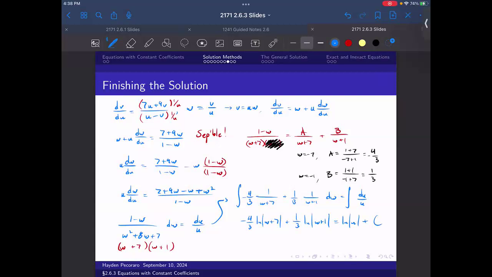Okay. And if you want, you can go ahead and simplify things a little bit. We should get, let's see, log absolute value of (w + 1 over w + 7) to the 4th power equals 3 log absolute value of u plus c.